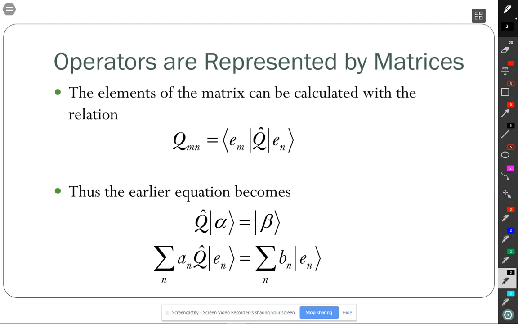But if E sub n is not an eigenstate of the operator, then it's not going to do that. And so Q sub mn may be complicated or may be simple. If E sub n is an eigenstate of Q, then this Q sub mn is going to be zeros unless m is equal to n. But if it's not, then you could have something different.